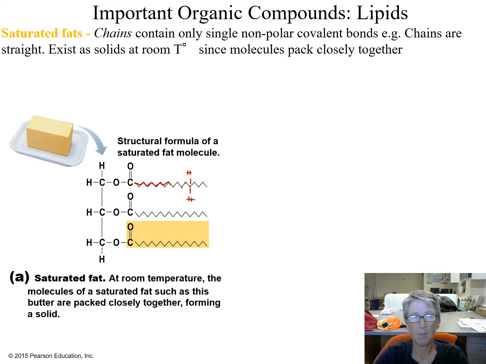I'm not going to draw it all in, but if you are a saturated fat, that means your chains all have single bonds. Each one of these is a single bond. Here's single bond, single bond, single bond. If they are single bonds, then these chains can pack really tight because they're not kinked.